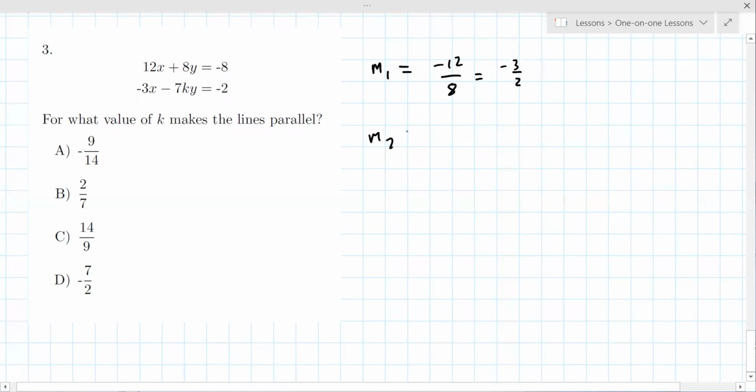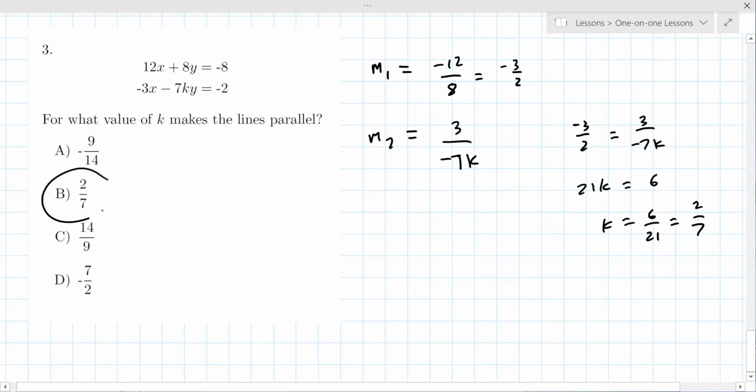And then the slope of equation 2 is 3 over -7k. Oh, yeah. So we're setting, I had 3 over 2. I just didn't have the negative. Okay, 3 over -7k. So you end up getting 21k equals 6, k equals 6 over 21, which is 2/7. Yeah, so 2/7. Okay, I just missed the negative.